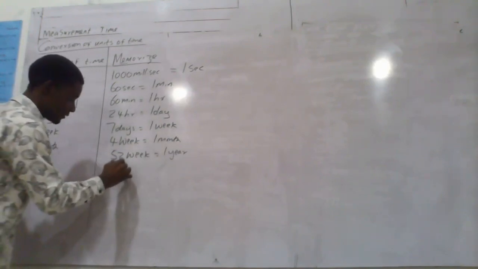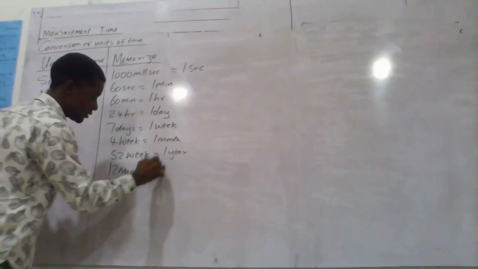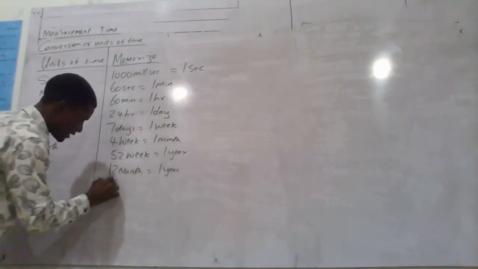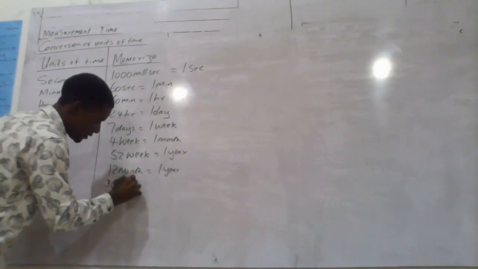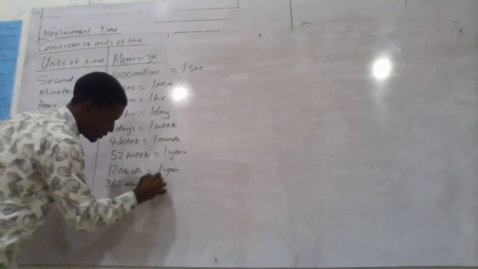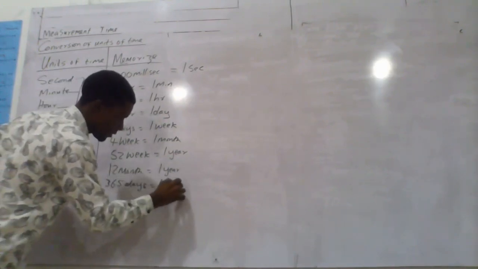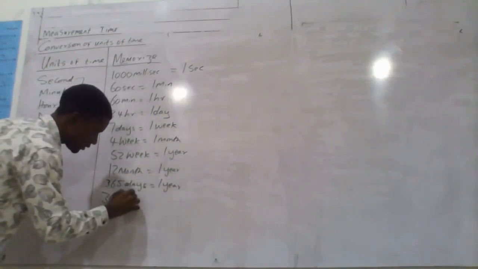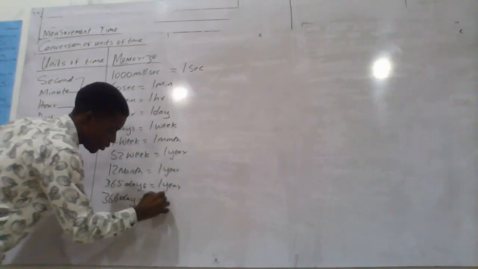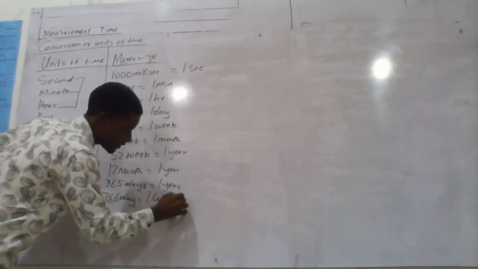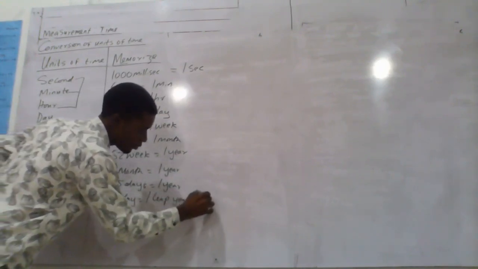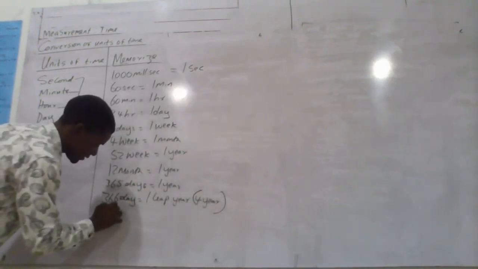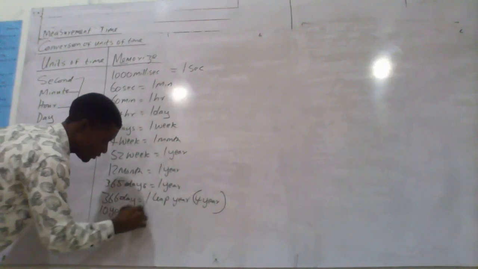12 months equals to 1 year. 365 days equals to 1 year. 366 days equals to 1 leap year, and this occurs every 4 years. 10 years equals to 1 decade.